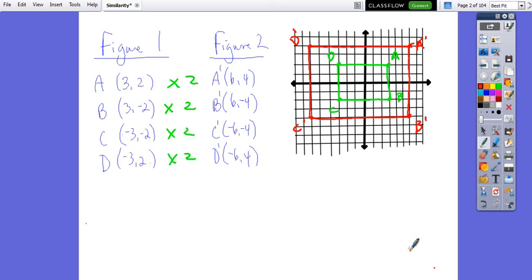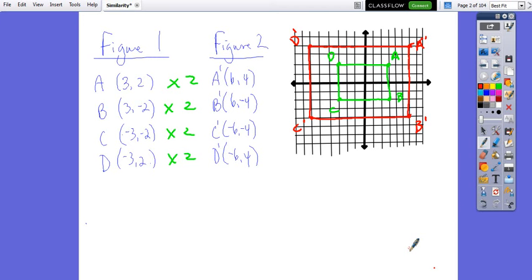We graphed both of these figures. And we saw that the second figure is 2 times the size of the first figure. The side lengths have been multiplied by 2. Basically, each dimension, each x and y value has been multiplied by 2. That causes the side lengths to be doubled as well. All right, we can do it that way, and I say graph it.